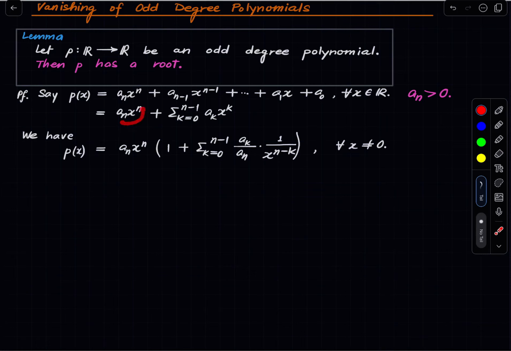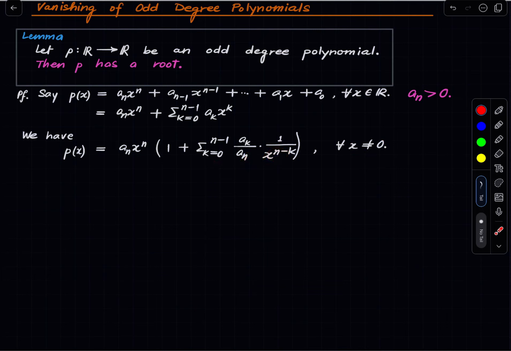All we did was deliberately pull it out, so inside we will get this. It's just some algebra, and this is valid only for x non-zero because we are dividing by x.